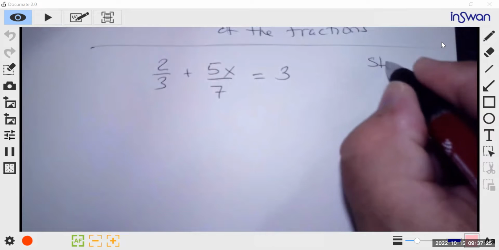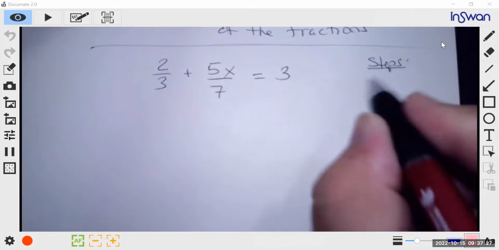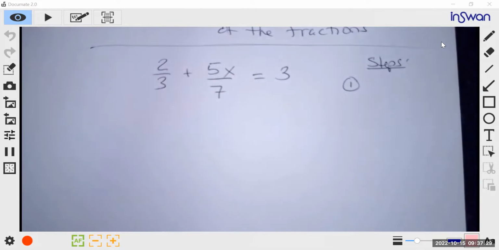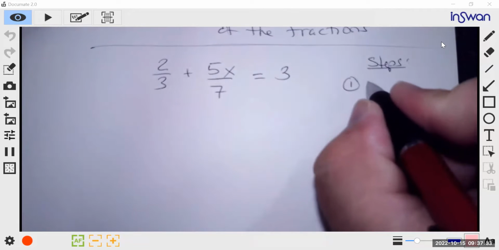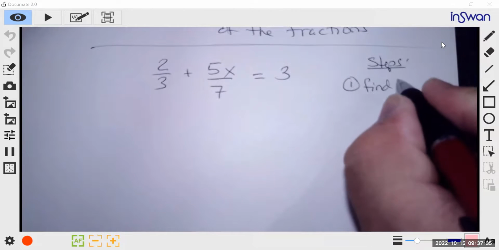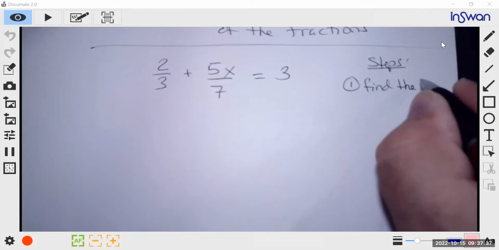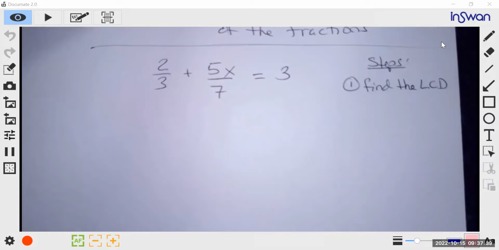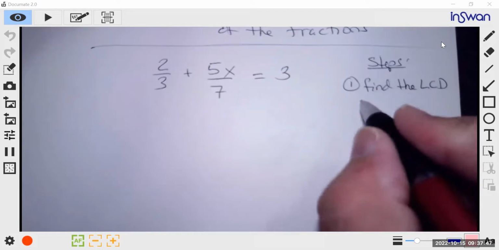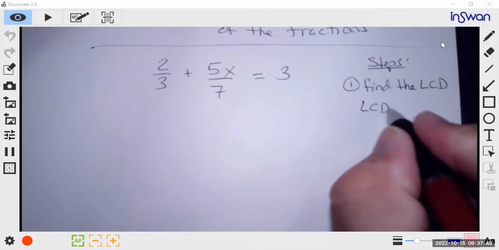So here are the steps. It's always the same 5 steps to get rid of the fractions. First, find the LCD. In our case, what is our LCD?